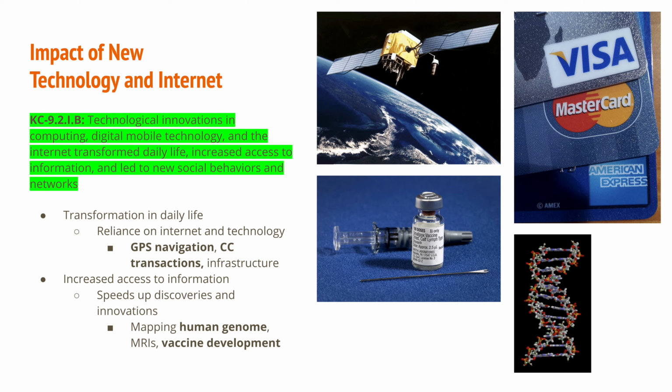And we also have increased access to information. So this is speeding up discoveries and innovations in technology. We map the entire human genome. We're able to now see what's going on inside of people's brains with MRIs. And most importantly of all, we're able to develop vaccines at a faster rate than ever before.